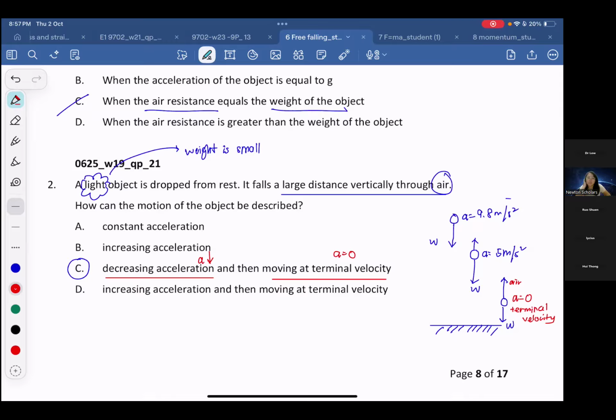That's why they're mentioning light. Light means small weight, and small weight means small air resistance is needed to balance it. So that means it is easy to achieve terminal velocity. Okay, any question? Can we proceed to the next page?